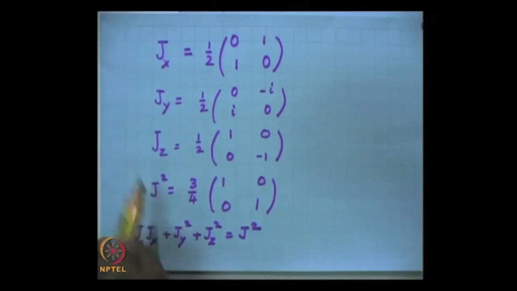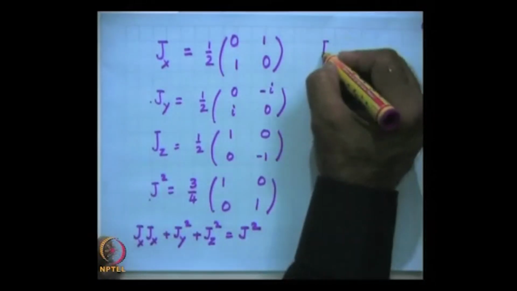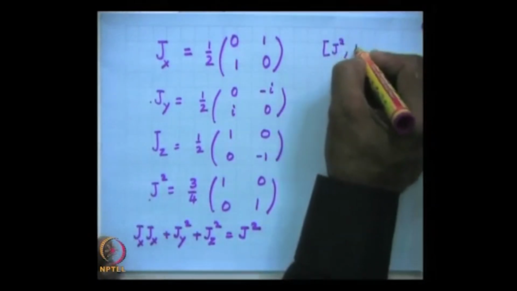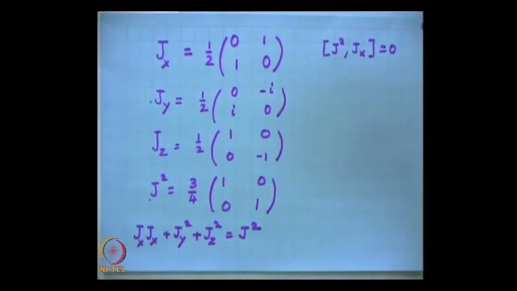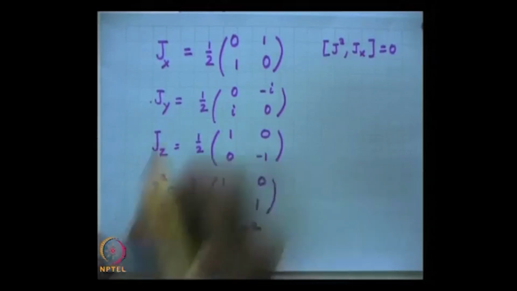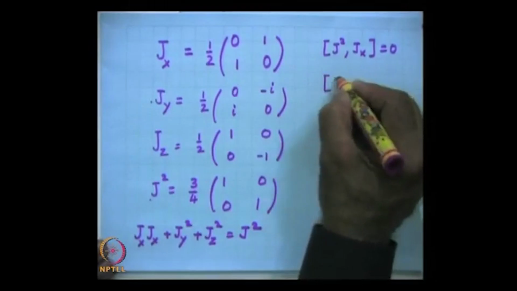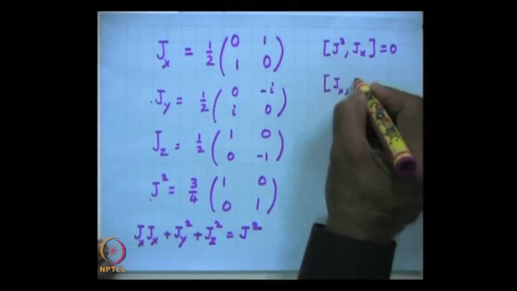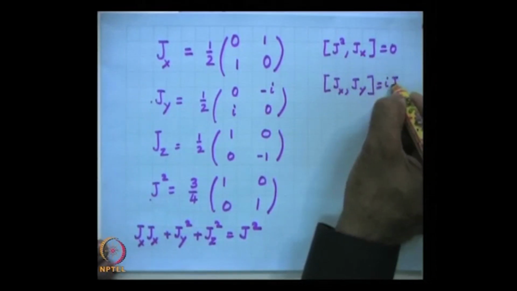So, J squared commutes with J_x, J_y and J_z: the commutators [J², J_x], [J², J_y] and [J², J_z] are all 0. But J_x and J_y do not commute with each other. You can show that [J_x, J_y] is equal to i J_z.